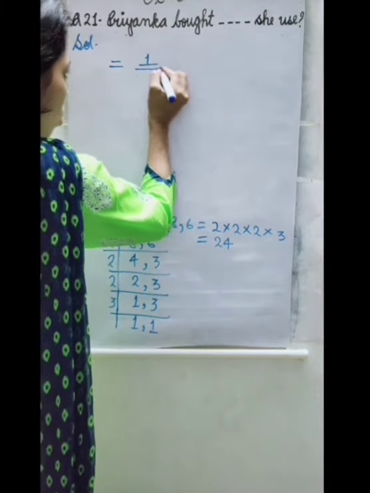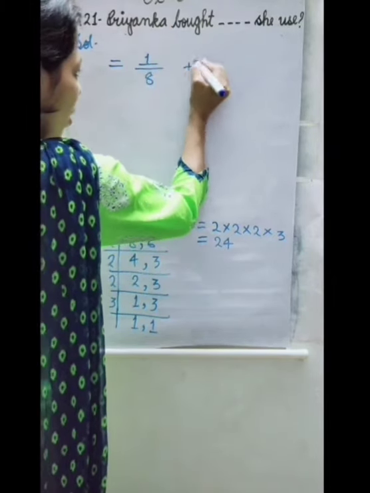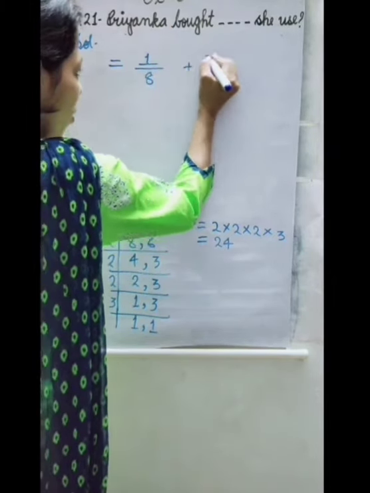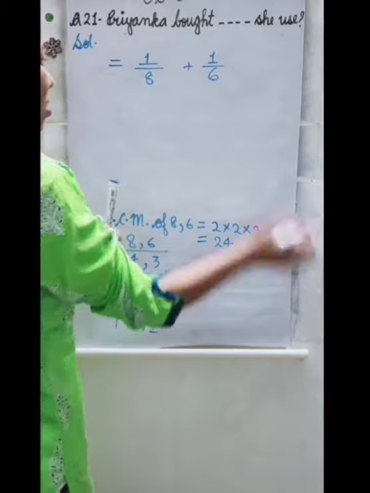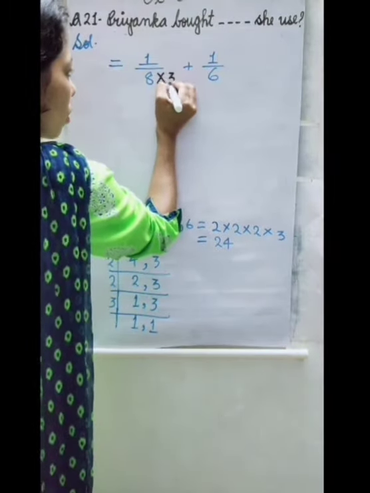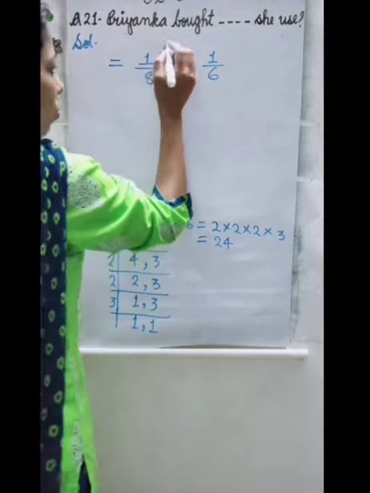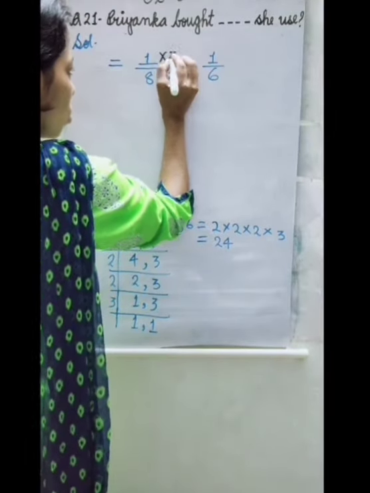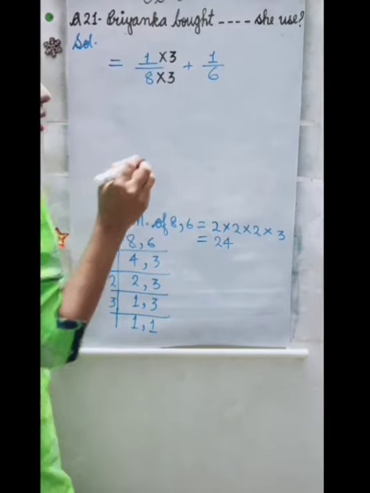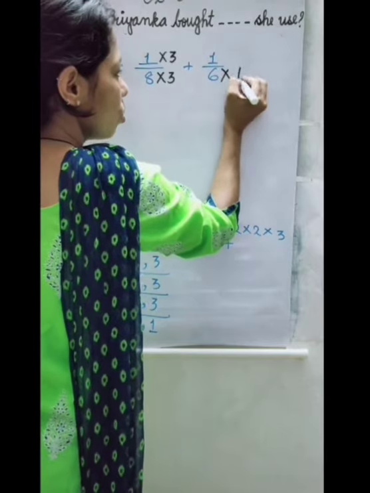So she used 1/8 and 1/6 fraction of the tomatoes. 8 3s are 24, so we will multiply this 8 by 3 so that it changes into 24, and to this numerator also we will multiply by 3. Then 6 4s are 24.